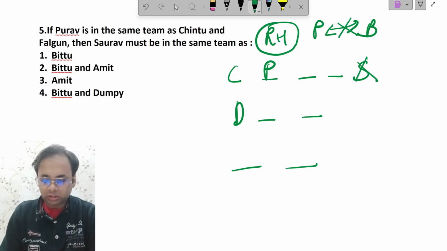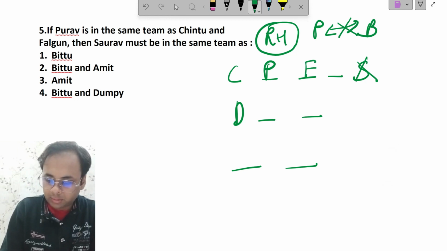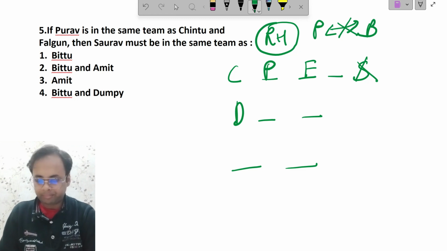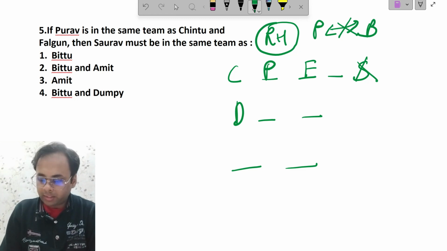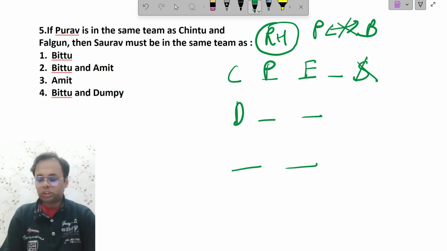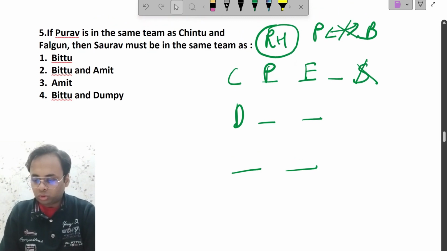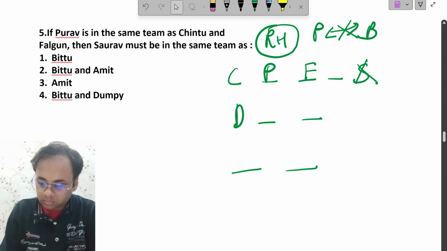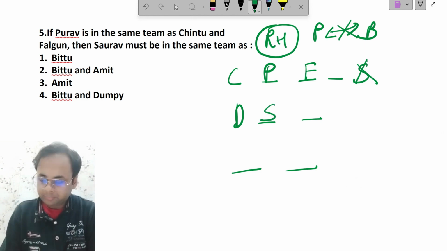If Purav is in the same team as Chintu and Falgun, so F is already coming over here, then Saurav must be in the same team as. So P and F are coming over here. So we have R and H going in some team. Now we have to see what can be done. There have to be certain cases, like S can come up over here.